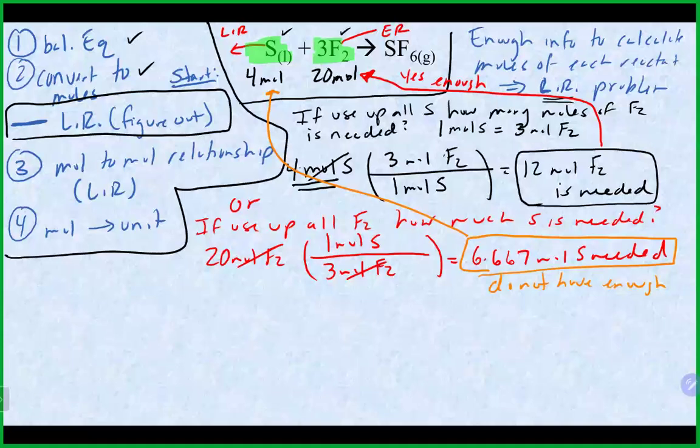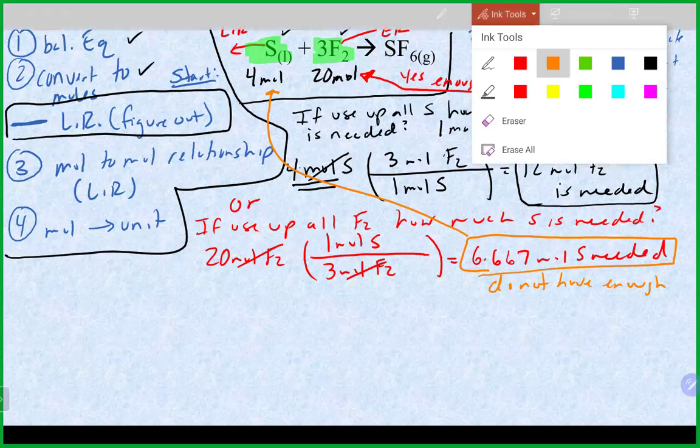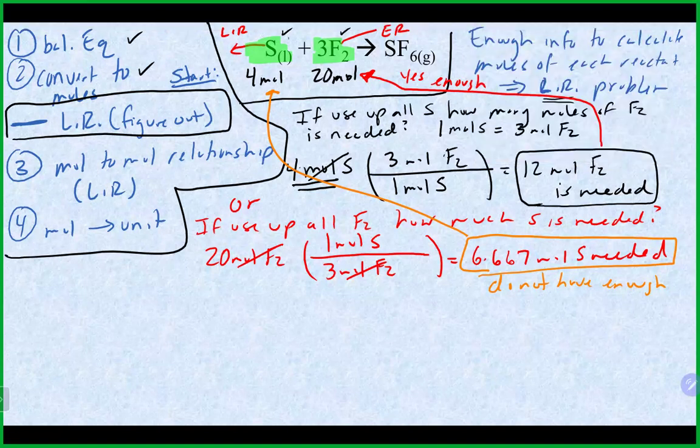So now that I know, for example, in this problem, that the sulfur is the limiting reagent, I could use that to figure out how much product I would produce. It's important, though, that now that I know this is my limiting reagent, I should start with the moles of my limiting reagent.